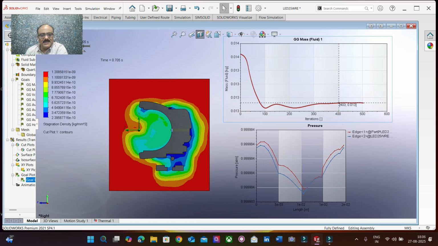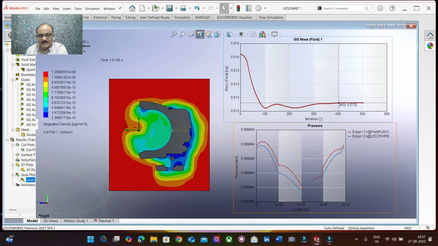It is 0.014 kg at 500 iterations, and it's coming down to about 0.012 or 0.013. So the change in mass is very small, a negligible quantity, maybe about a gram or up to 5 grams of change.